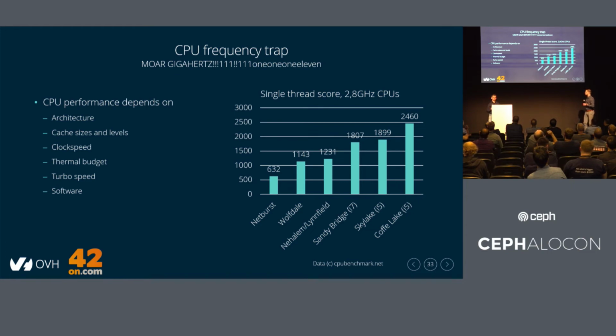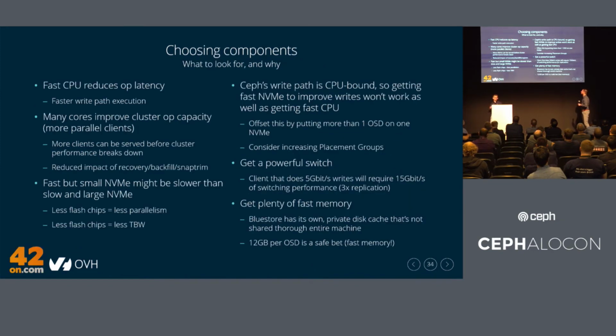Thermal budget also plays a key role in CPU performance, because if you go over the thermal budget, it will downclock or not reach the maximum turbo speed, which also differs between processors and architectures. And also software, because some software doesn't utilize certain instructions, while others do and get a performance boost from that alone. So now you know what you should take into account when choosing components.